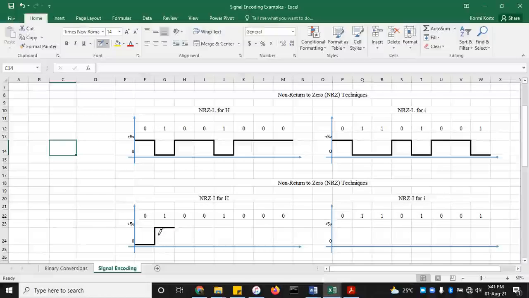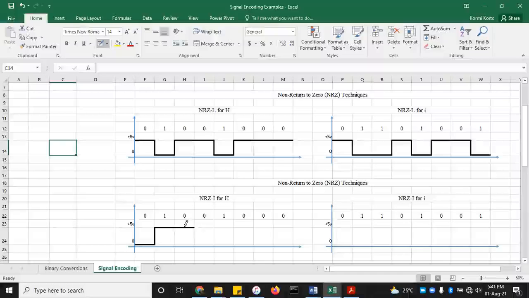Okay, now we have a 1 to 0, and the rule says from 1 to 0 there's no transition. So in that sense, we do not transition. You just stay at wherever you are. So if the current state was high, it means that at this level it will still be high because we are not transitioning. Now we have a 0 to 0. The same rule. We do not transition from 0 to 0.